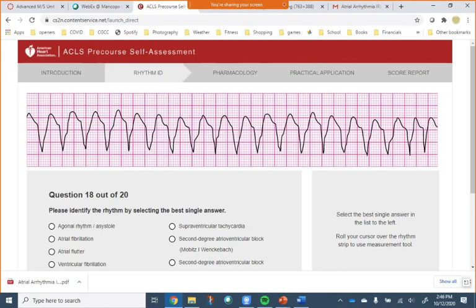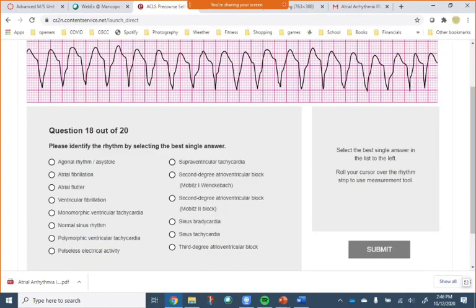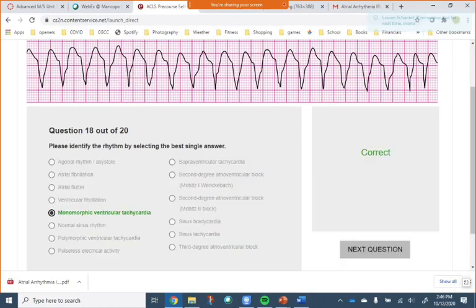So we can call this one ventricular tachycardia because it's ventricle, because look how big and wide it is. It's wider than 1 to 3 boxes, and it is regular. So we're going to call it tachycardia, but which one, monomorphic or polymorphic? Definitely monomorphic. It's all the same amplitude, so monomorphic.